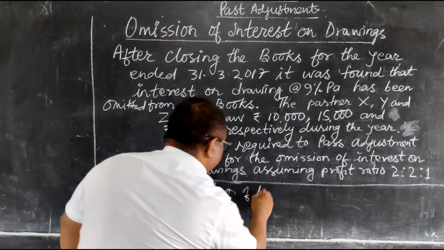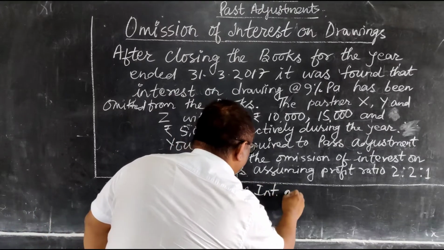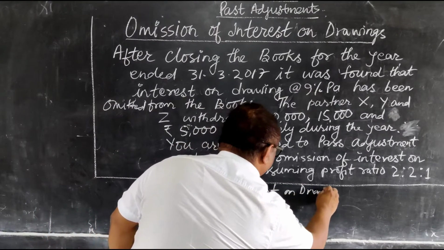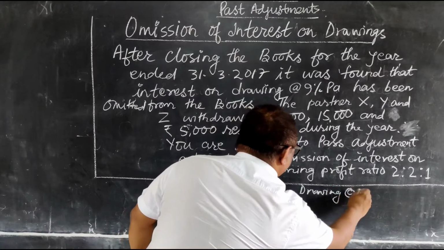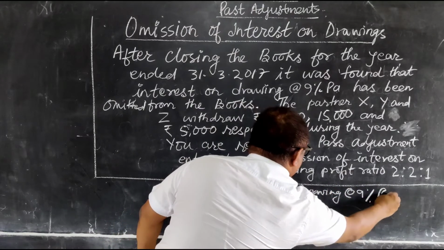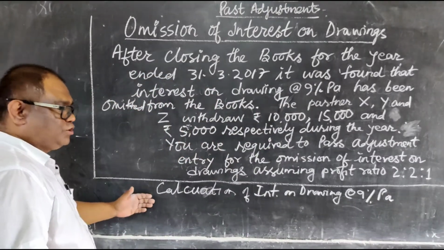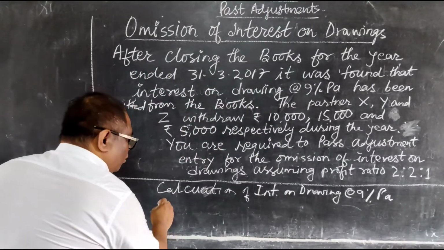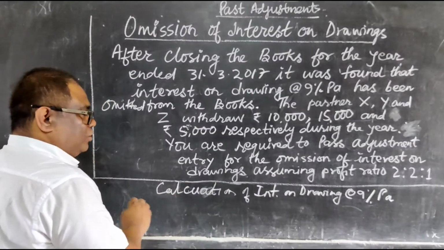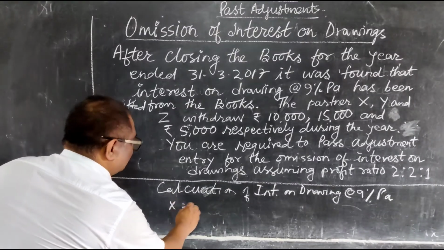Calculation of interest on drawing at the rate of 9% per annum. So this is the solution. In the working note, first of all, you have to find out the calculation of interest on drawing.